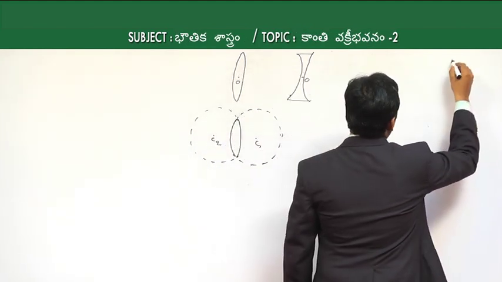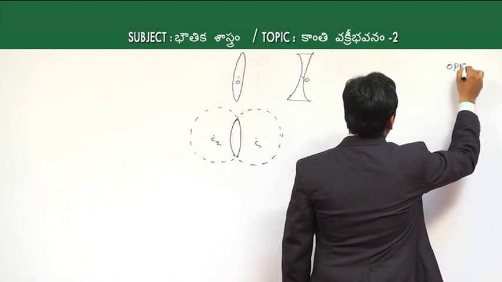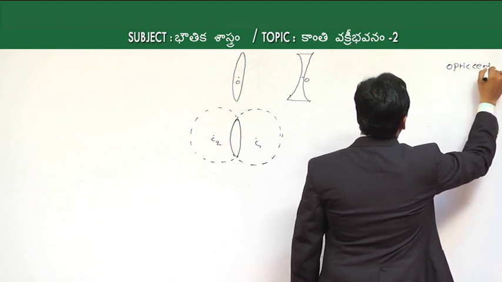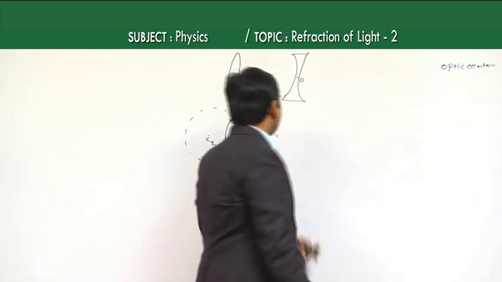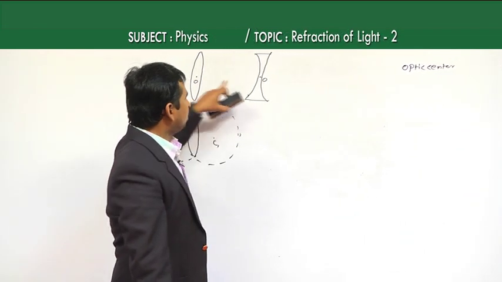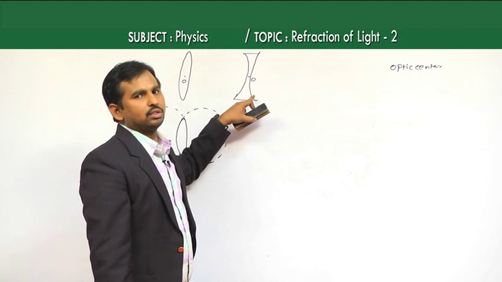So, the first point is the optic center, which is the midpoint or the geometric center of the convex or concave lens.